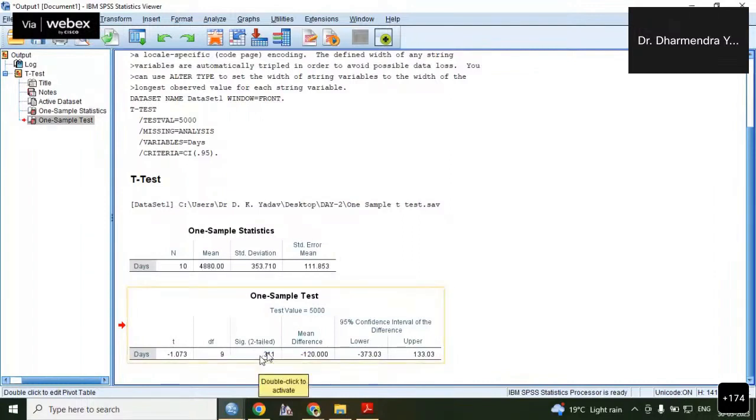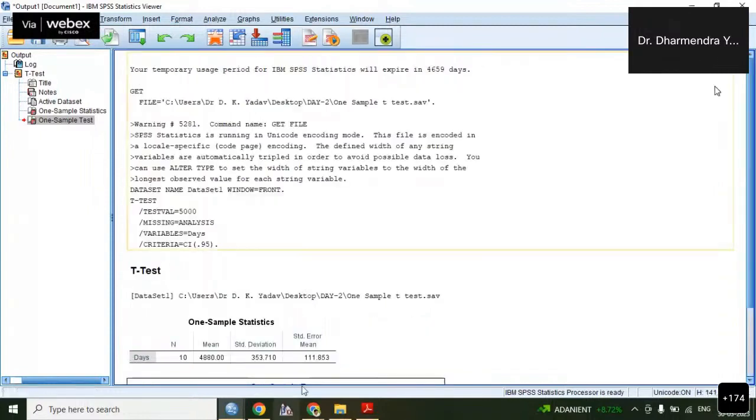So if p value is greater than 0.05 or less than 0.05, we decide accordingly. The retailer's claim is right.